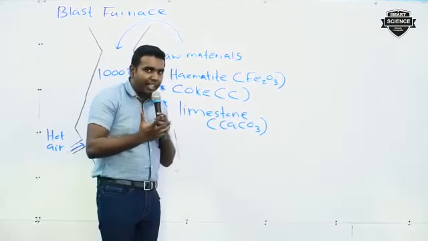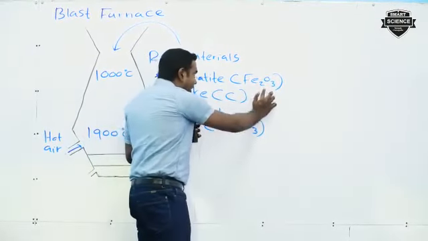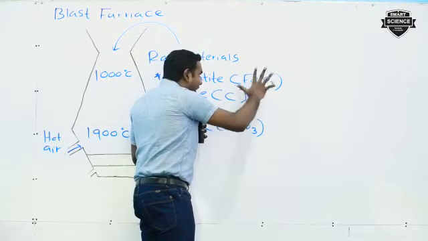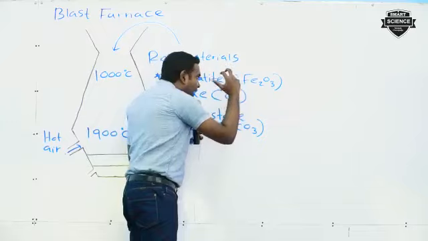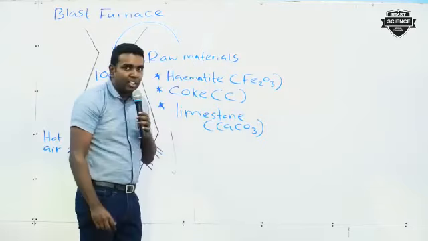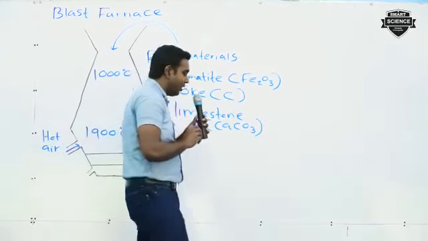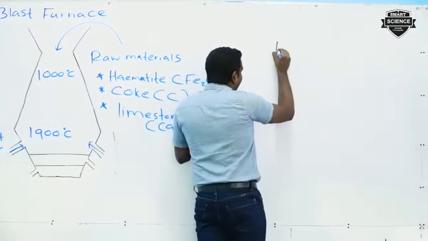To extract iron, we have to remove this oxygen, or we have to reduce this iron 3 oxide. To do that, we need a reducing agent.